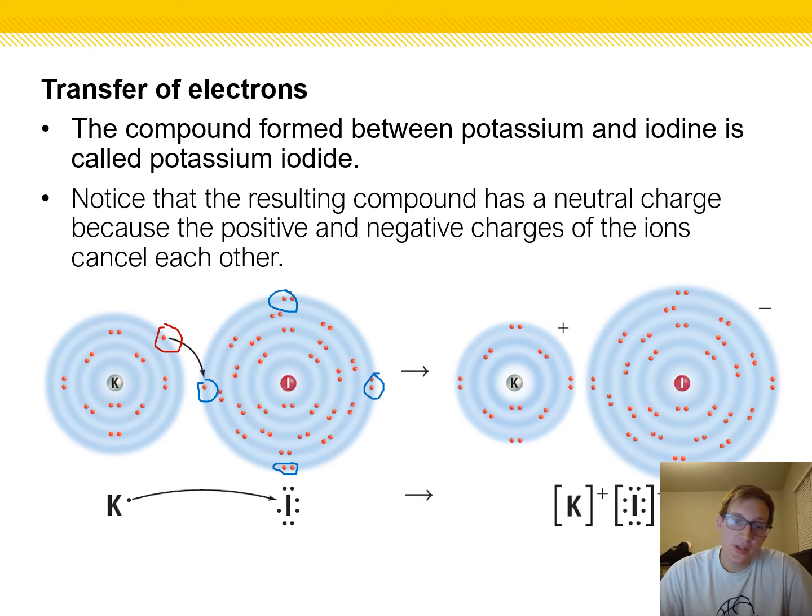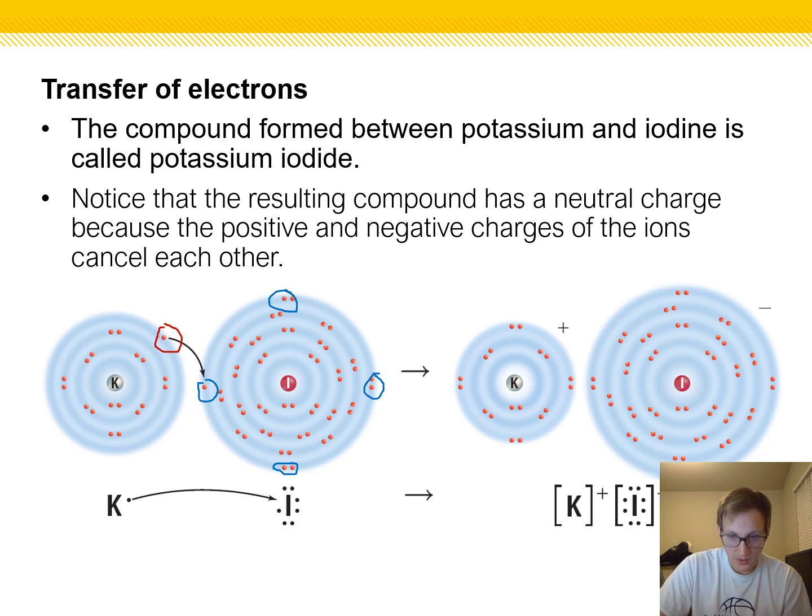And so you can see over here on the right that they have this positive negative attraction. This is going to be a bond because of that charge attraction. Opposites attract, so a positive is attracted to a negative. And the way that we write that reaction is in your bottom right corner.